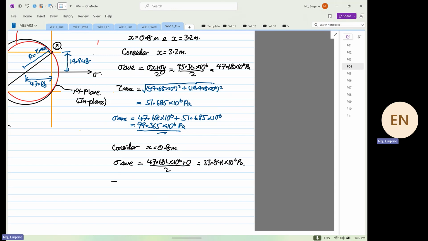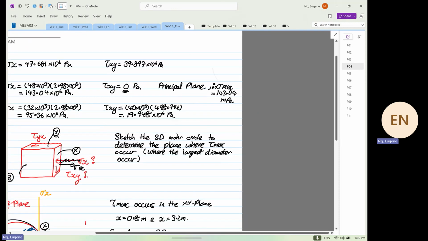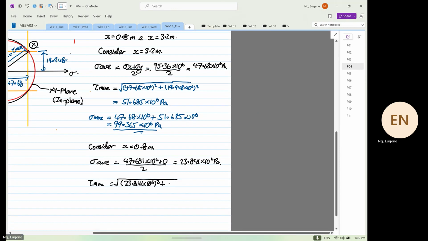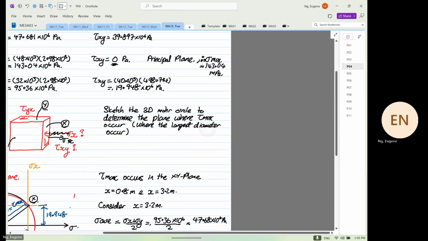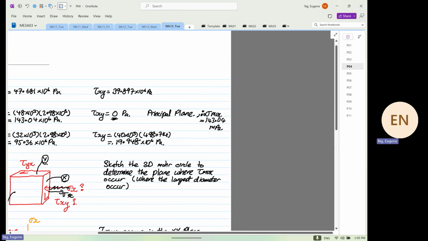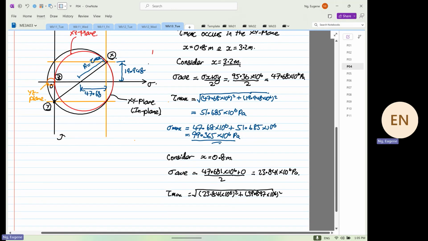And then we determine our tau max, which will be equal to the same thing, 23.841, plus the shear we calculated, which is 39.897. Before that it was 3.2, and this is 0.8.